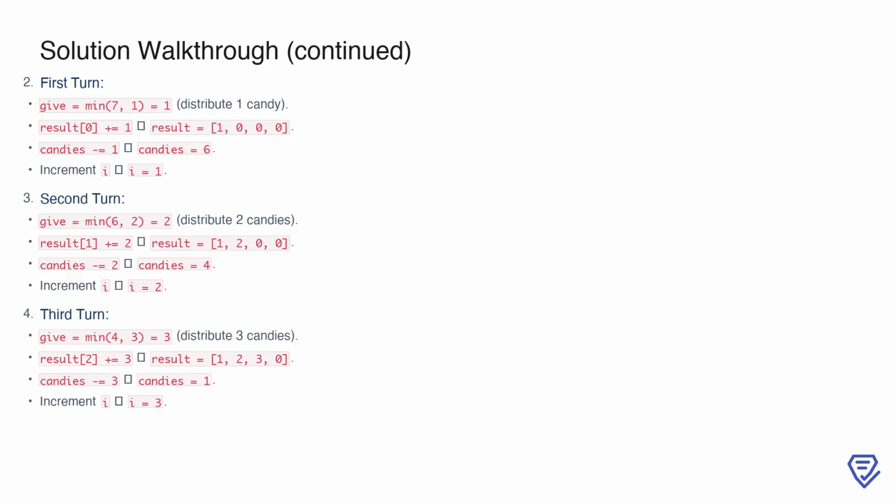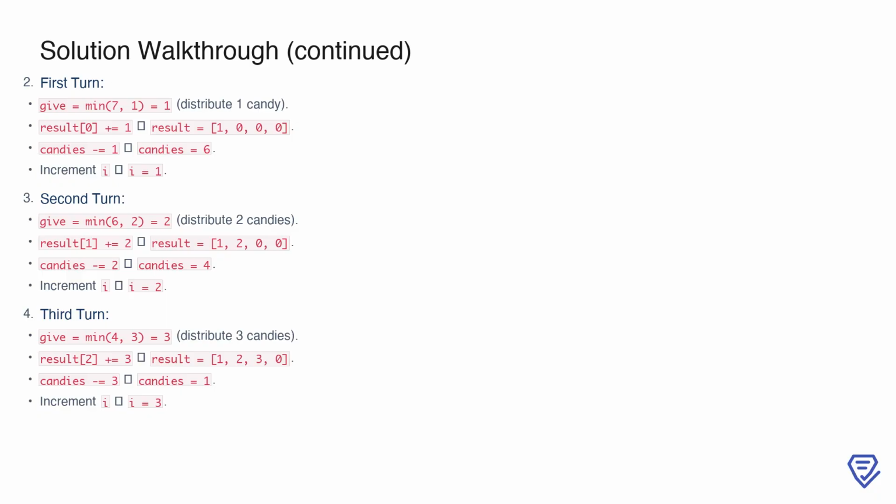Here, give equals min(7, 1) equals 1, so we distribute 1 candy to the first person, updating result[0] to 1. Then, we subtract this candy from the total, leaving candies equals 6, and move to the next turn by incrementing i. For the second turn, give equals min(6, 2) equals 2, so we give 2 candies to the second person, updating result[1] to 2 and reducing candies to 4.